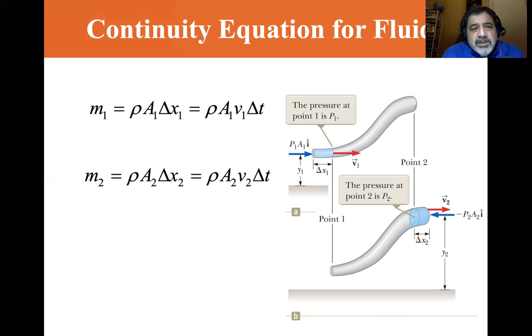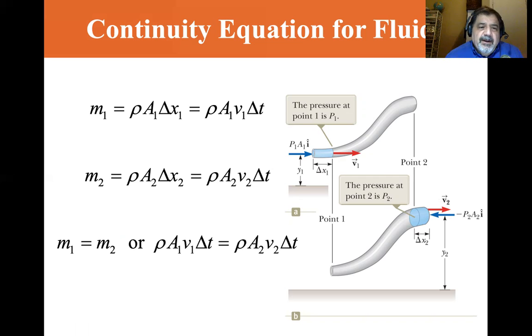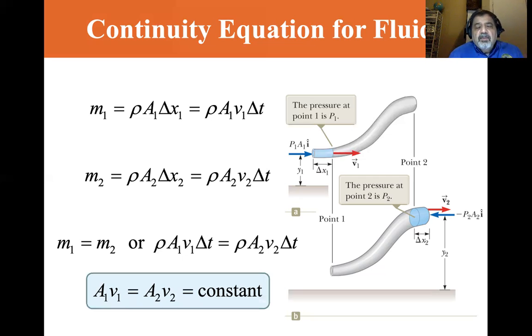The density times area 2 times delta x2, which is equal to the density times area 2 times the velocity 2 times delta t. Well, m1 equals m2, so rho A1 v1 delta t equals rho A2 v2 delta t. Well, the rho is the same, the delta t is the same. So we come up with the continuity equation, A1 v1 equals A2 v2.